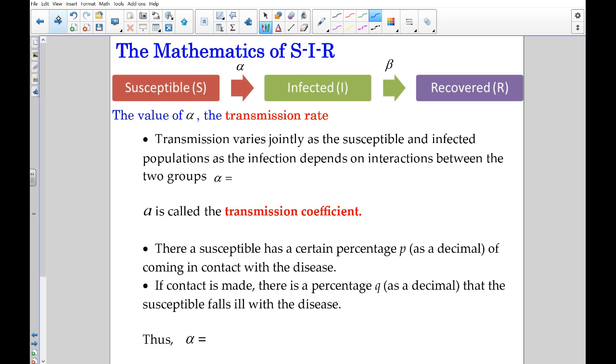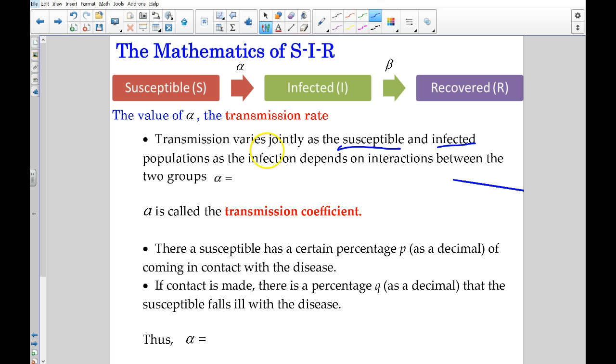Now, alpha is going to be a little bit more challenging, and alpha is called the transmission rate, so the rate at which people are falling ill with the disease. Transmission is going to vary jointly, so it's going to depend on the number of susceptible people and the number of infected people.